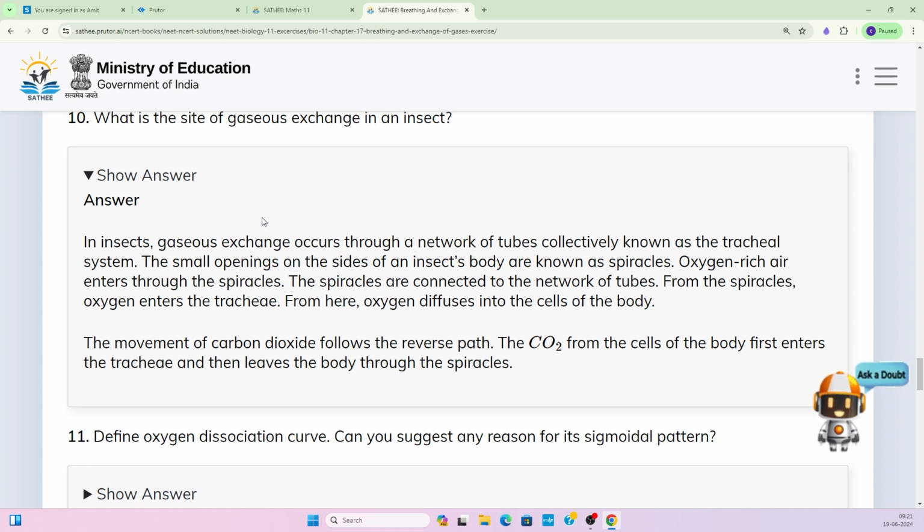The CO2 from the cells of the body first enters the trachea and then leaves the body through the spiracles.